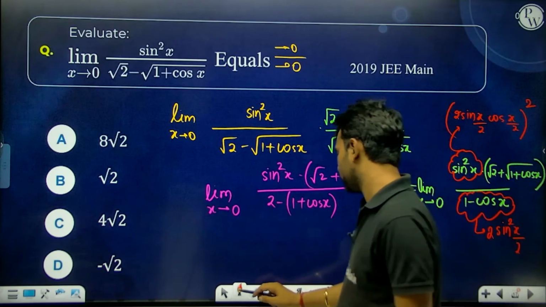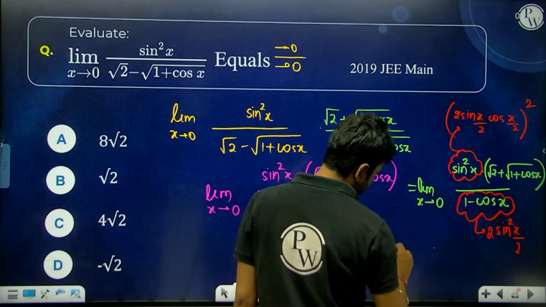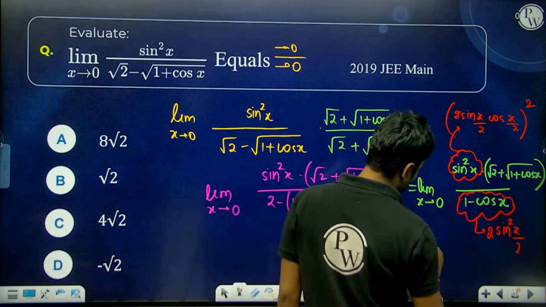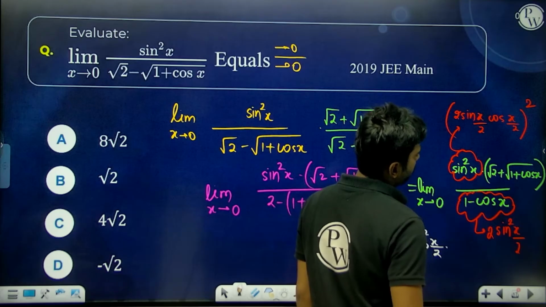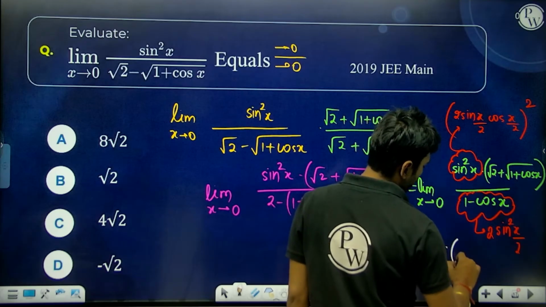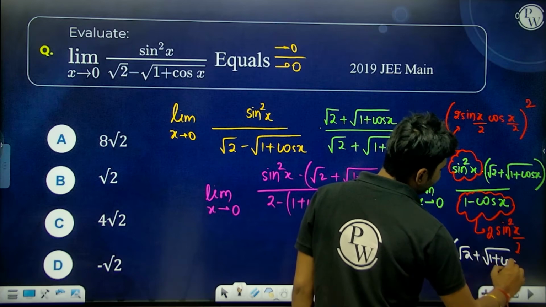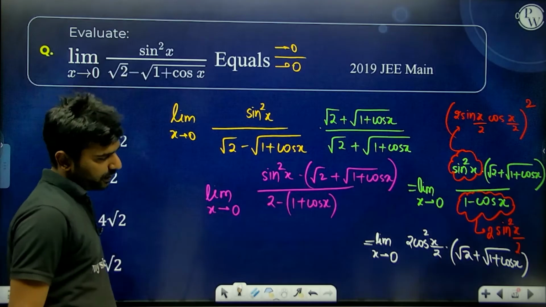Now upon cancelling a few terms over here, this expression will become something like this: 2 cos square x by 2 times of root 2 plus under root 1 plus cos x, which is not an indeterminate form anymore. So simply put x equals to 0, you're going to get your answer.